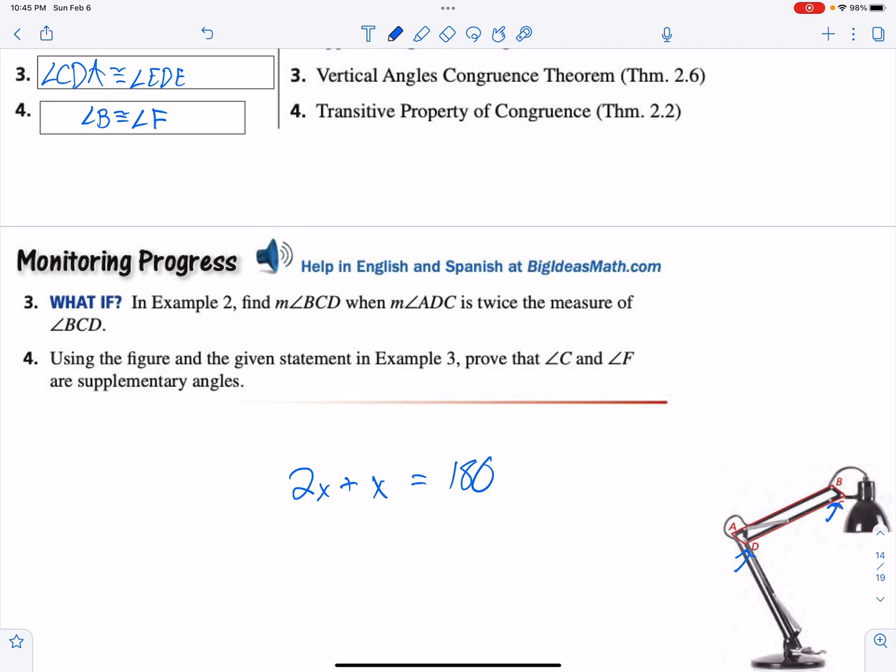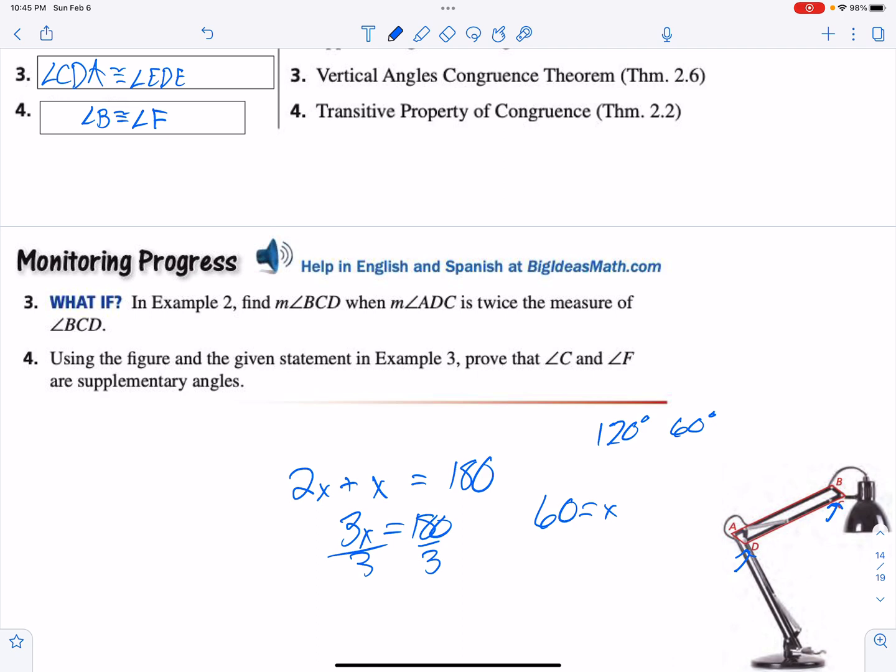We would say 2x plus x is equal to 180. So we would get 3x equals 180. We would divide by 3, and we would get 60 is equal to x. And that would tell us that the two angles would have to be 120 degrees and 60 degrees.